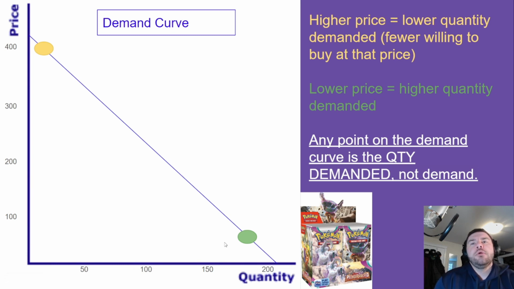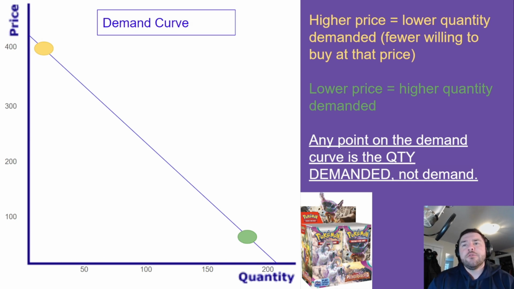So the opposite is also true. Lower price, higher quantity likely demanded. It's more affordable. Maybe it's cheaper and people like the product, for the sake of Paldea Evolved booster boxes. I think everyone here would probably buy a bunch if they were $75 or cheaper, right?